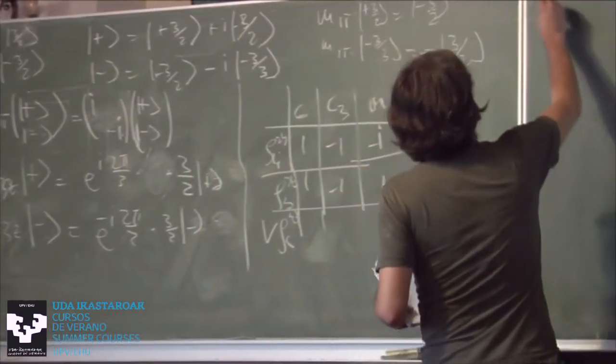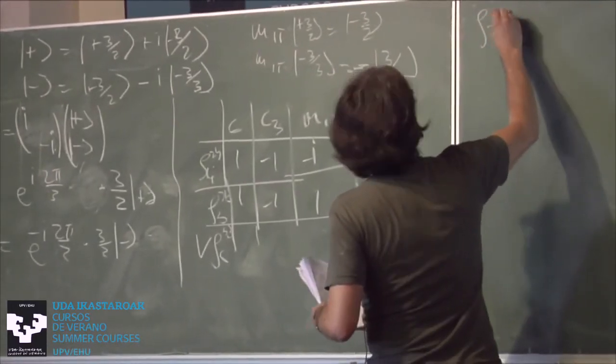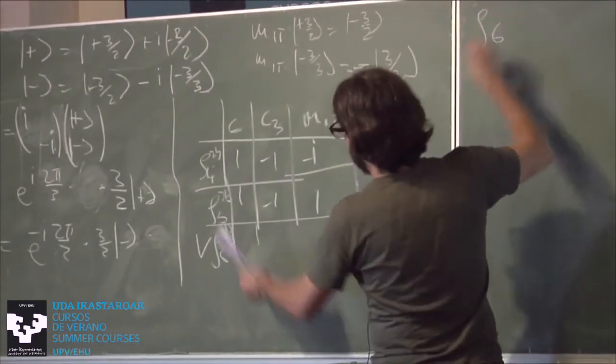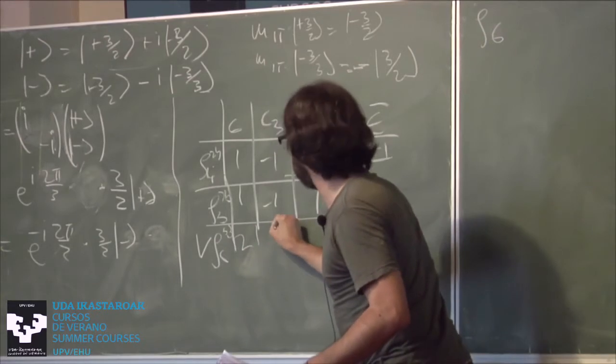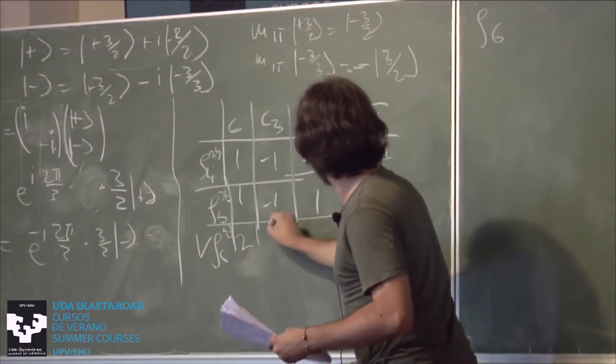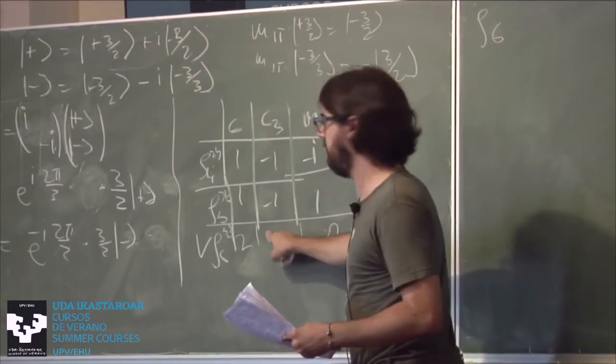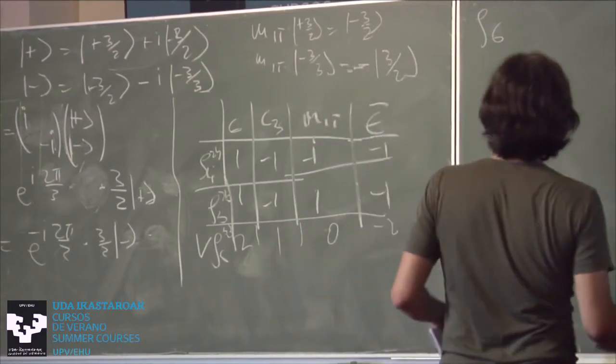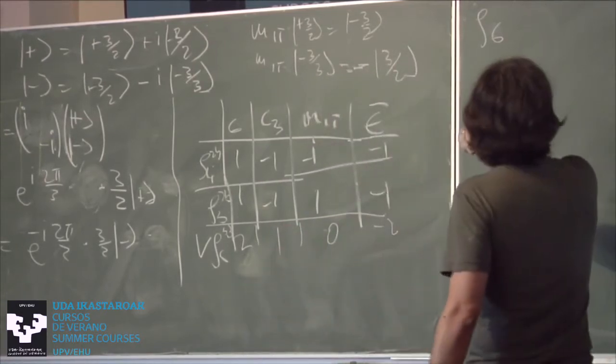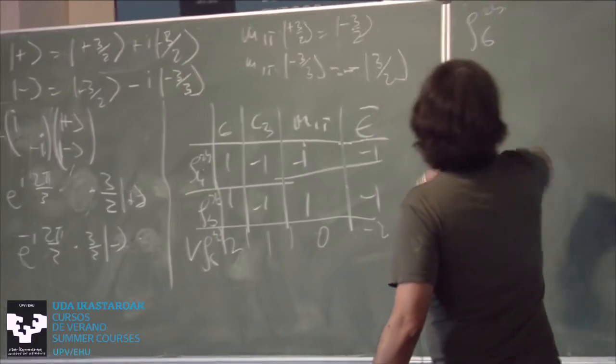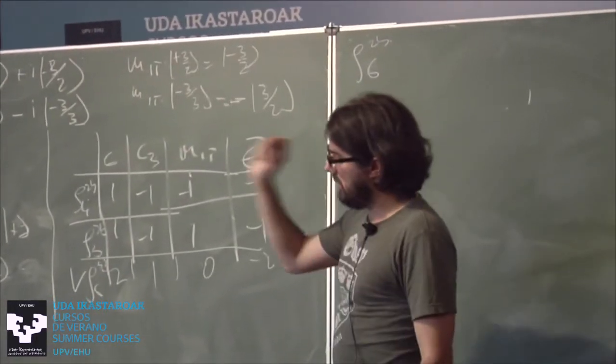So I have the representation rho 6, this 2-dimensional representation. It was 2, what was it here? It was 0, -2, what was it here? 1. Okay. 2, 1. Okay, so I have rho 6, 2b. Okay, this is on this site.